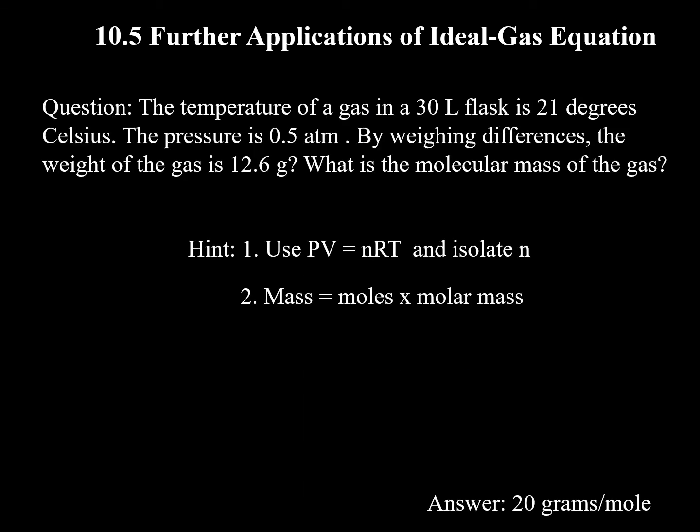So I want to give you guys a try to use this. It's asking you to find the molecular mass, or molar mass, of the gas given the parameters: the volume, temperature, and pressure of a gas. You can pause the video and try on your own first. V is in liters, so V is 30 liters.